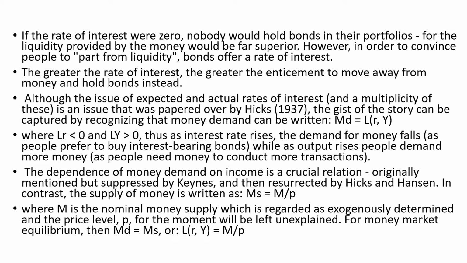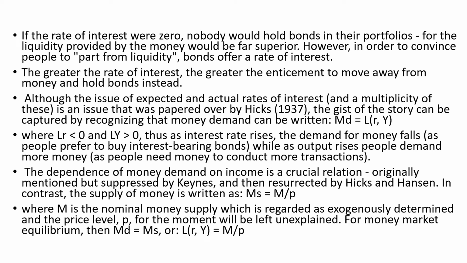So here we can see that MD, the demand for money, is a function of r and Y, where the derivative with respect to r is less than 0, and the derivative with respect to Y is greater than 0.